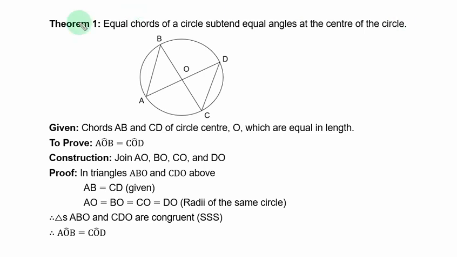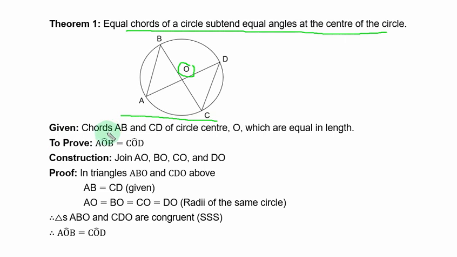So we have theorem 1. Equal chords of a circle subtend equal angles at the center of the circle. So you have this circle, O is the center. You have two chords, AB and CD. Let's see what follows.